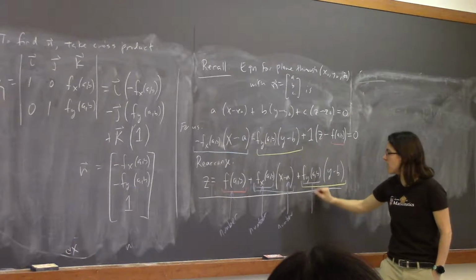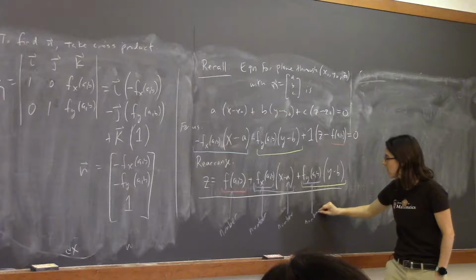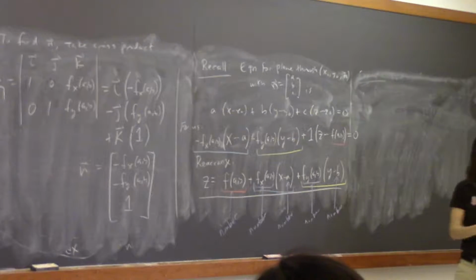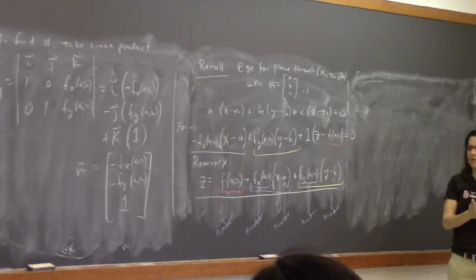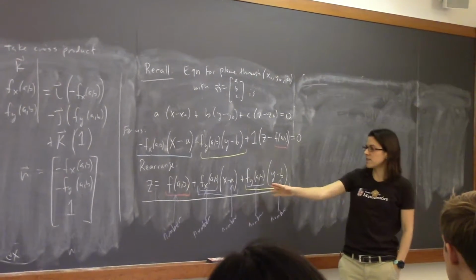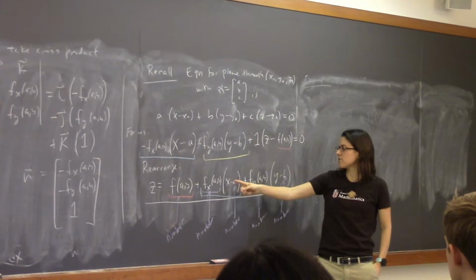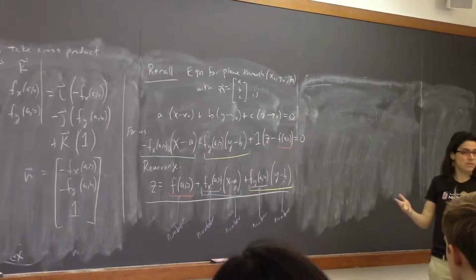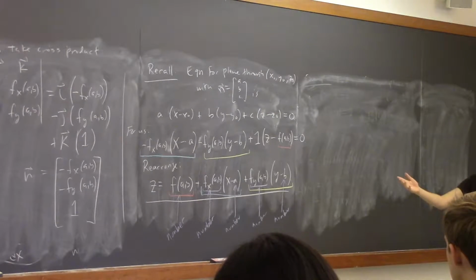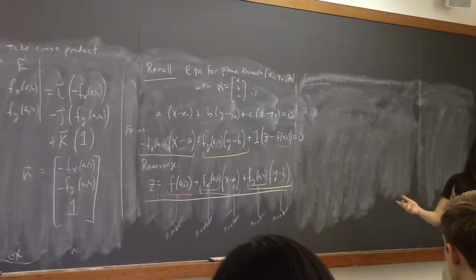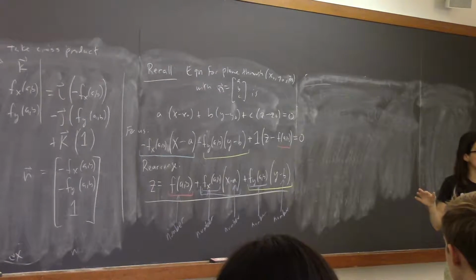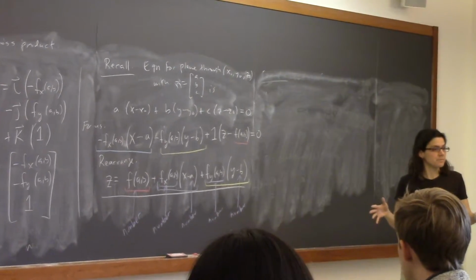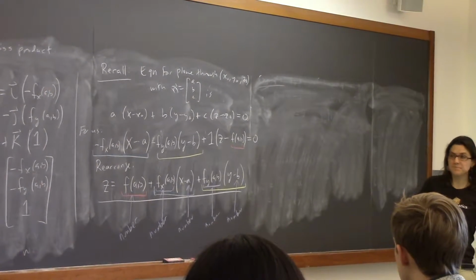The partial derivative with respect to y is a number. And b is a number. So most of these things are numbers. The only things that aren't numbers are just x and y. So we're going to end up getting a linear thing at the end, so it's going to be a plane. If you end up with an equation for a tangent plane and it has things like squares and cosines in it, something has gone wrong. Maybe you forgot to plug in your constants, because you want a linear thing at the end.